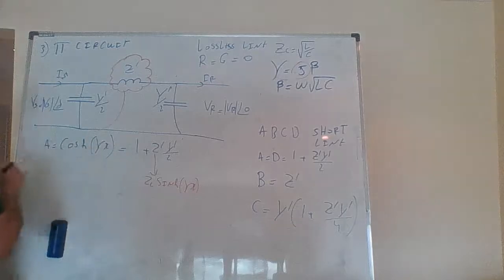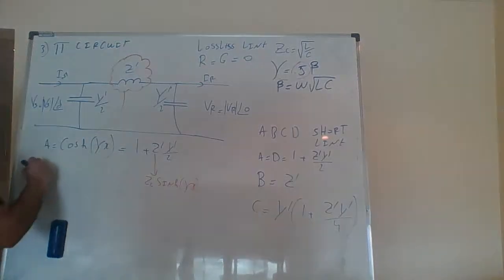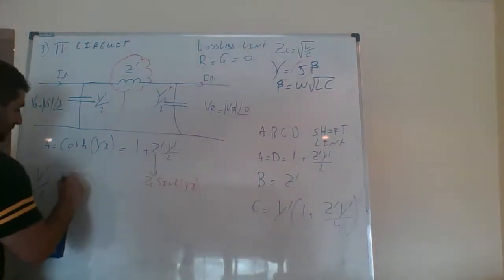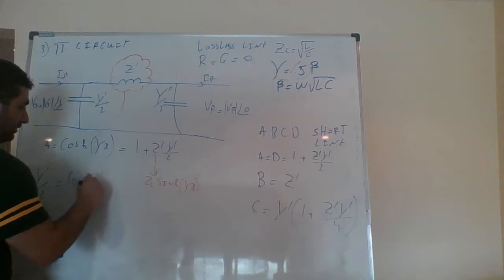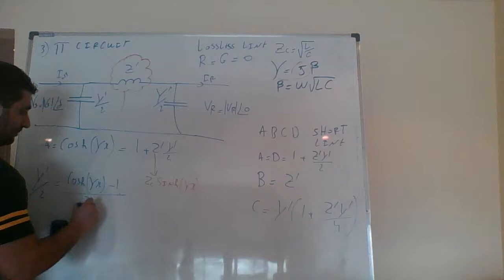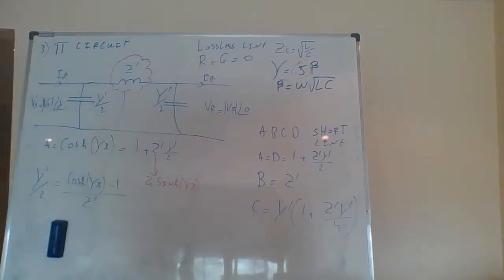So now I can say that Y dash over 2 is equal to cosine hyperbolic minus 1, divided by Z dash.